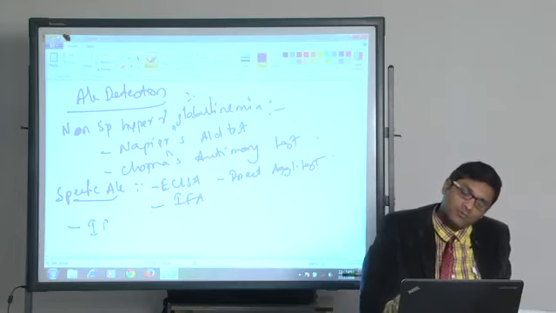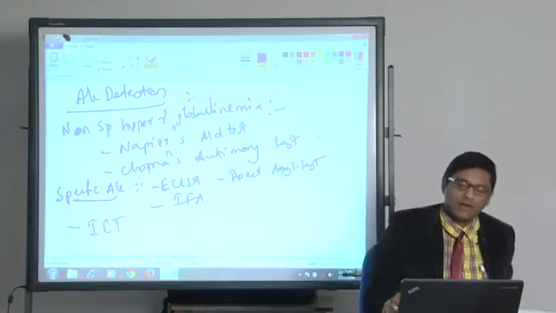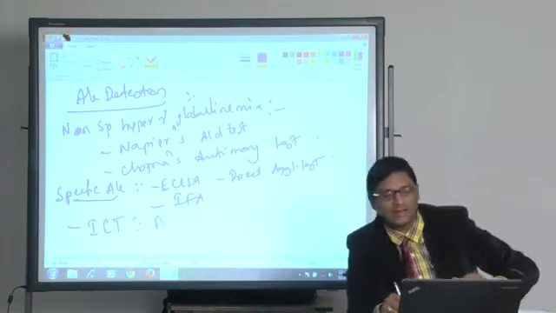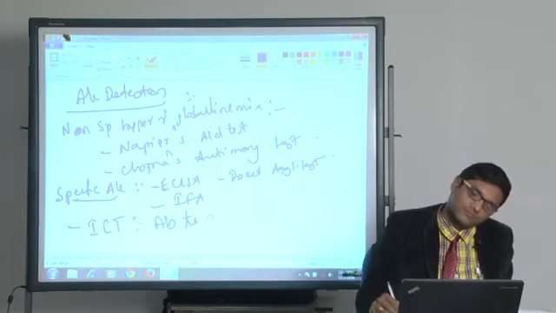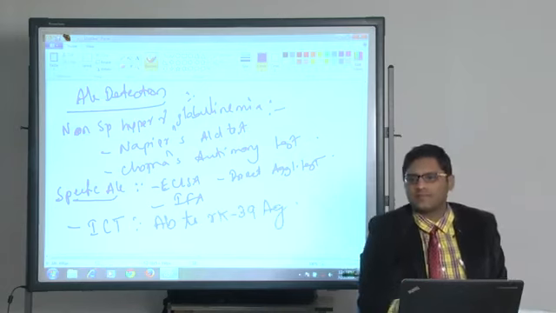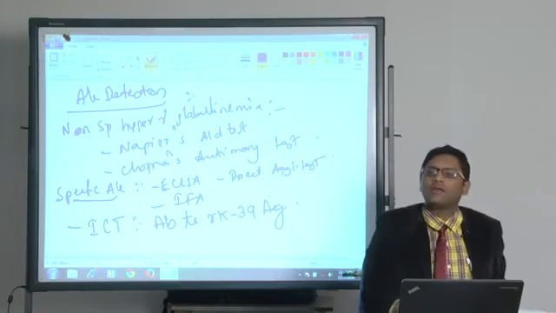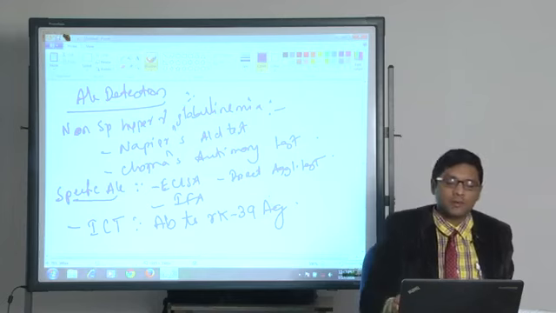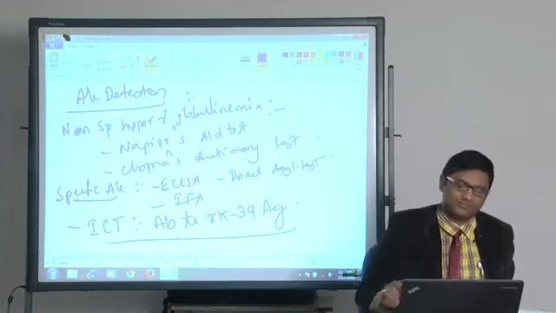The last but most important is the immunochromatographic test, detecting antibody against RK39 antigen. So this is upcoming, and quite popular nowadays.